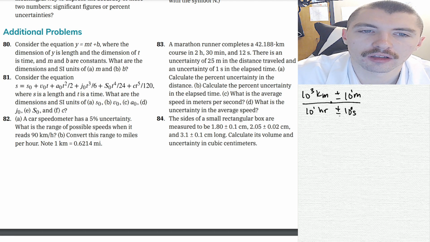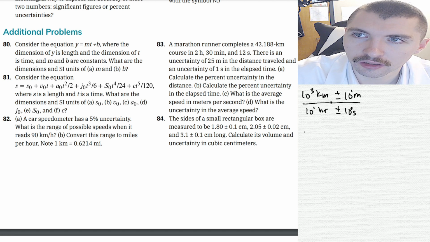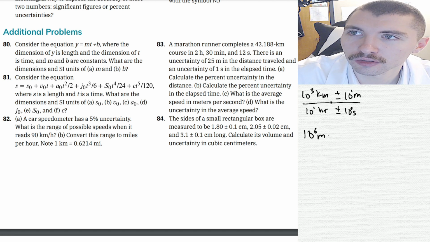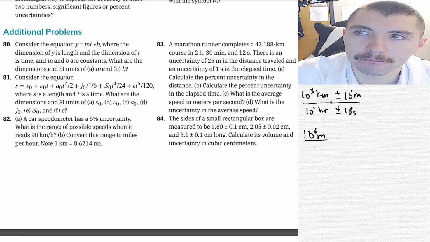Okay. Calculate the percent uncertainty in the distance. Okay, so we're going to take 10 to the 6 meters divided by, I think it's 10 to the 1 divided by 10 to the 6. That can't be right.